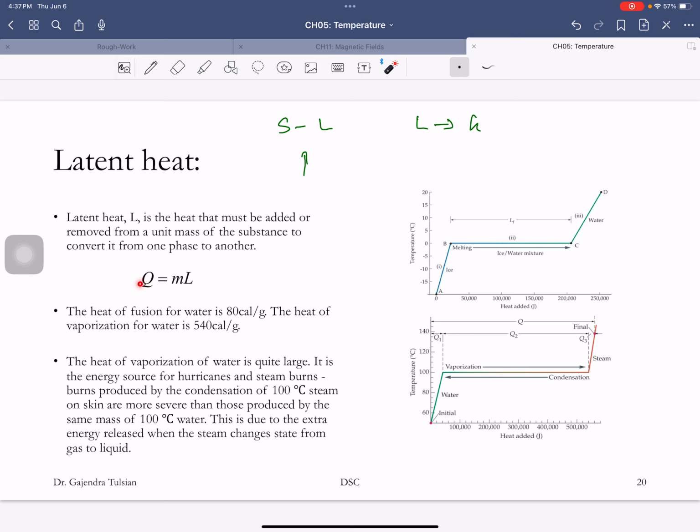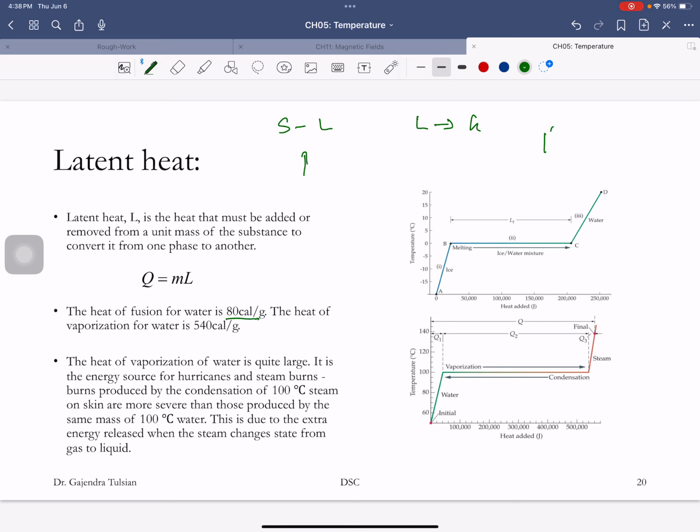This formula tells you how much heat you've added if you turn that much mass into a new phase, from solid to liquid, and that's the latent heat. Here are two very important numbers to remember. The latent heat of fusion of water is 80 calories per gram.